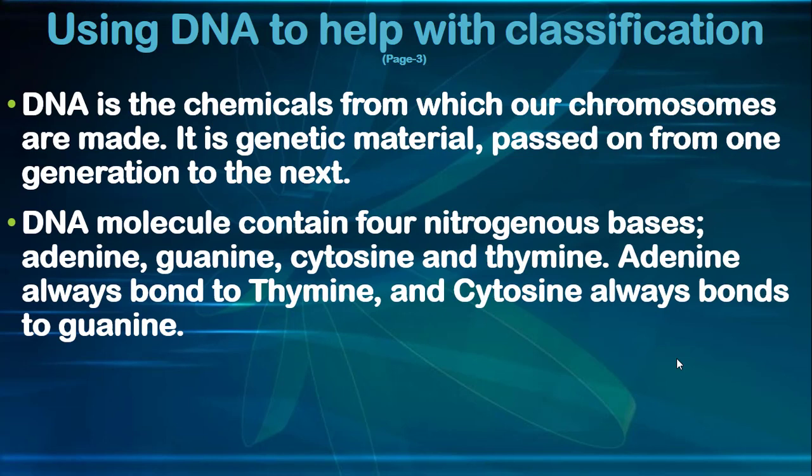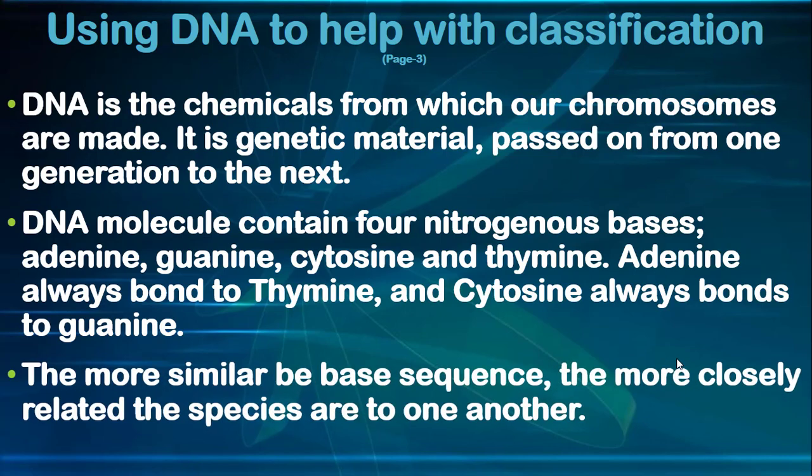A DNA molecule contains four nitrogenous bases. We studied them: adenine, guanine, cytosine and thymine. Adenine always bonds to thymine and cytosine always bonds to guanine. The more similar the base sequence, the more closely related the species are to one another.